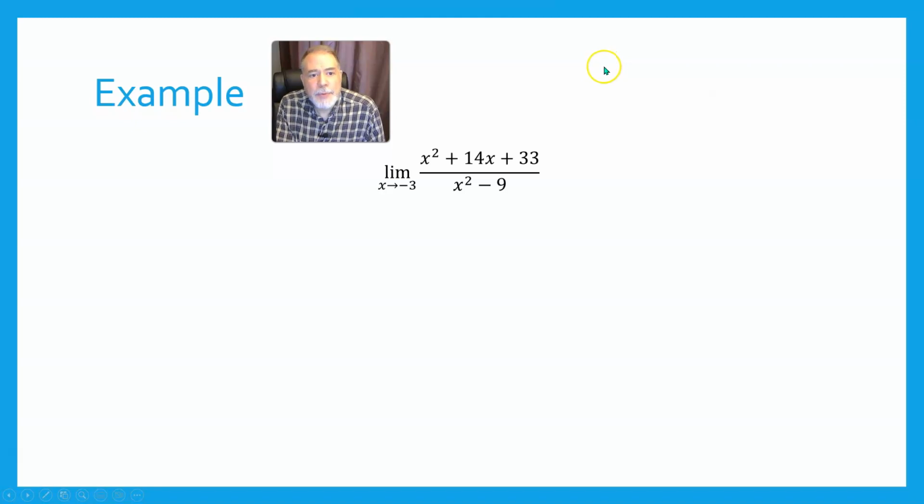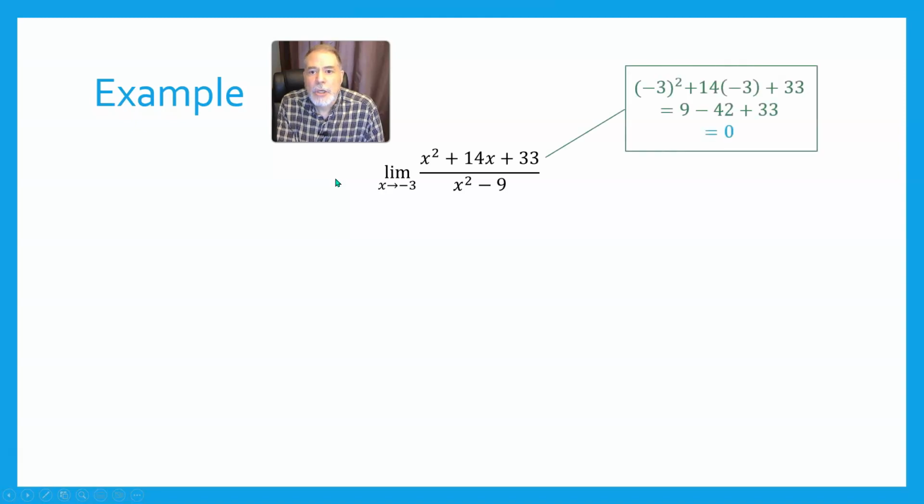So, example, what's the limit as x approaches negative 3 of (x squared plus 14x plus 33) over (x squared minus 9)? Notice that the numerator is approaching negative 3 squared plus 14 times negative 3 plus 33, which is 0.